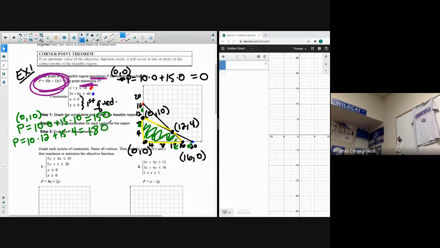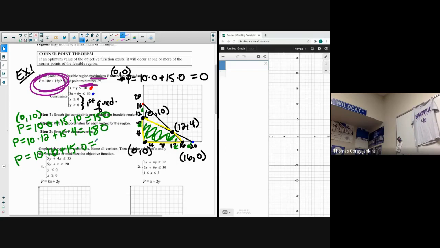So that's our new leader in the clubhouse for the maximum value. We do have one more to test, though, (16, 0). For (16, 0), that would be 10 times 16 plus 15 times 0, so 160.